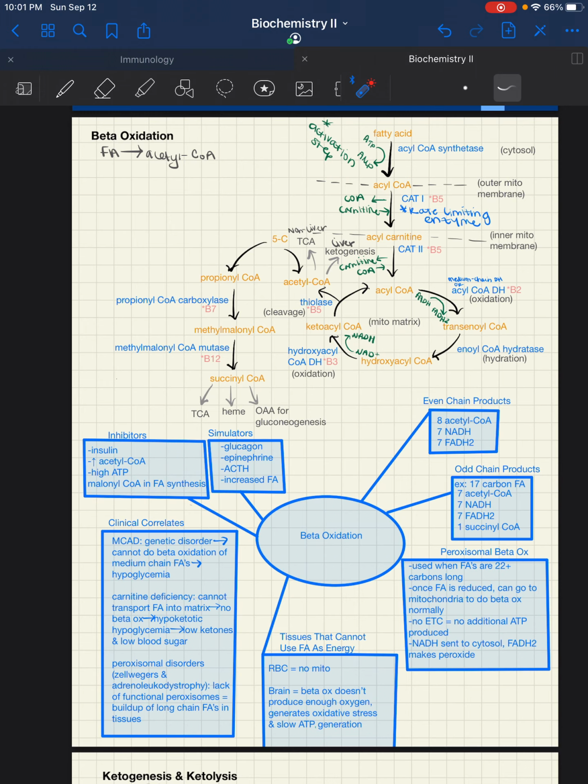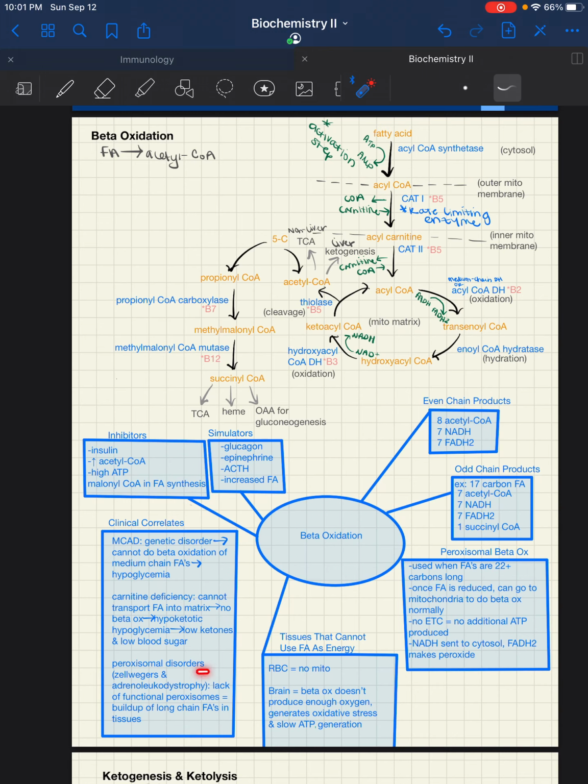And we'll have low ketones. Because if we can't break down fatty acids, we got to find other sources for energy. So we'll use our ketones, we'll use glucose as energy, we'll use everything else because we can't break down our fatty acids.